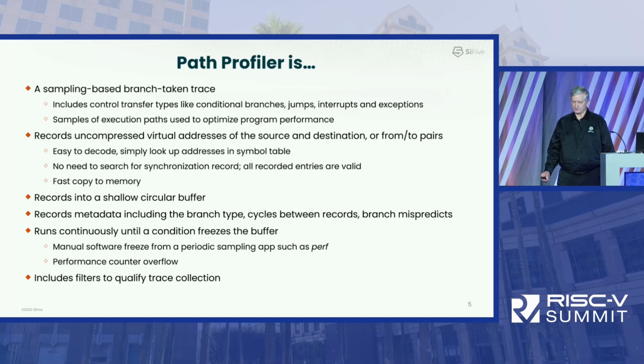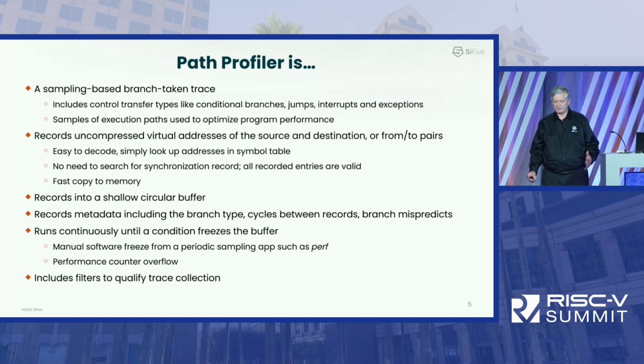As I mentioned, there's a circular buffer that it's traced into. There's also metadata that can be included: the branch type, the number of cycles between the previous destination and the next source, and branch mispredicts. This buffer would run continuously, and then it's frozen either by software that's running to sample it, or using a performance counter overflow.